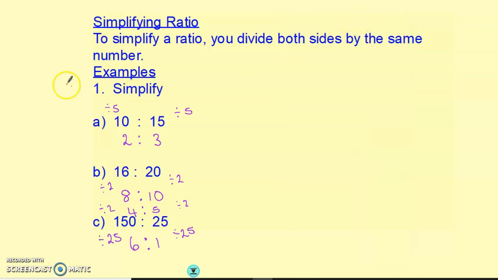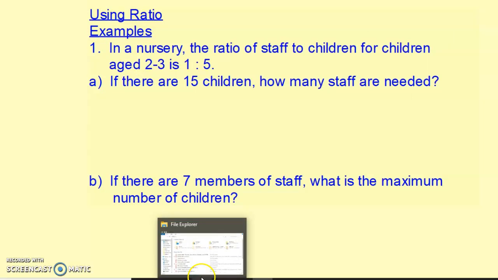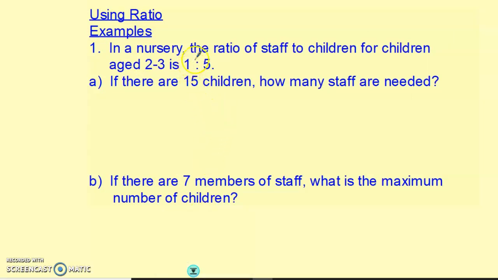Okay. Last wee bit on ratios then, last thing we need to learn is how we multiply up the way. Okay, so in a nursery of staff to children, the ratio of staff to children is 1 to 5. If there are 15 children, how many staff are needed?